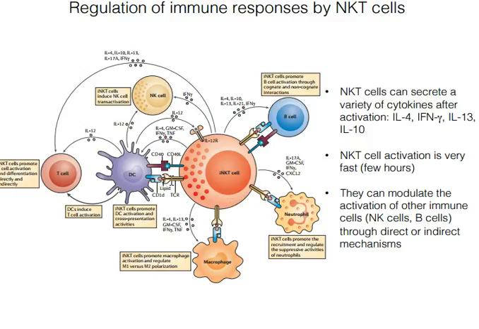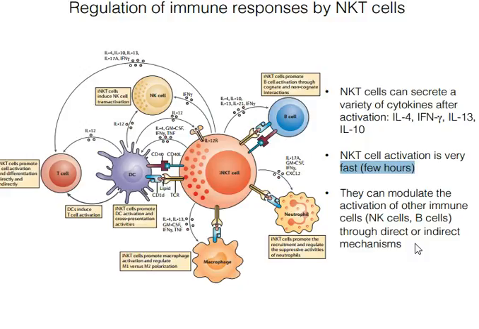In a couple of hours, they are already secreting cytokines, and this is why they are sometimes said to be kind of innate cells. They are in the middle between innate and adaptive, because they do have a T cell receptor, so they are a bit adaptive, but they are really fast when they respond. So this makes them a bit of an innate cell.